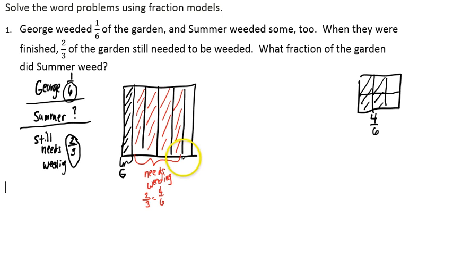From there, I can see I have one portion left, and that's the piece that Summer weeded. So George weeded 1/6. There's 2/3 or 4/6 that still needs to be weeded, and then Summer weeded 1/6 as well. So Summer weeded 1/6 of the garden.